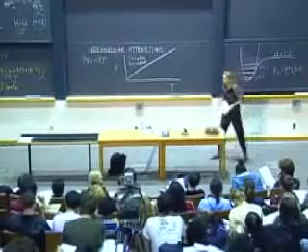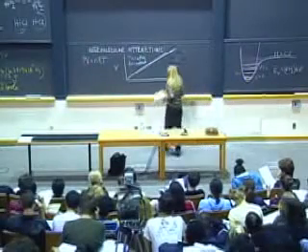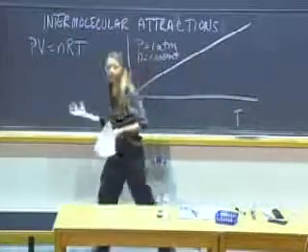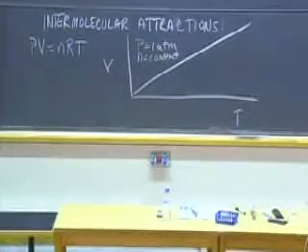But suppose I took a balloon filled with air, and I started to cool down that balloon. Well, what would happen? In that case, the pressure is constant. The atmospheric pressure is essentially constant.